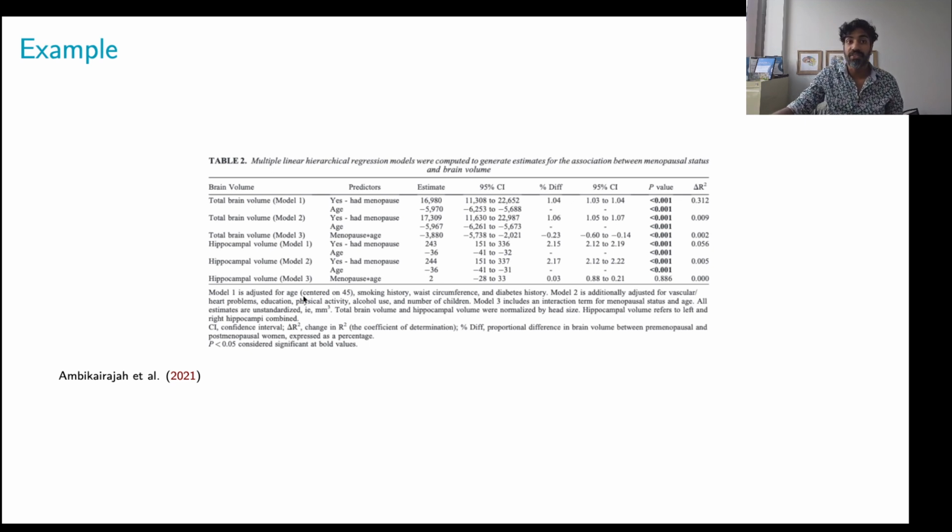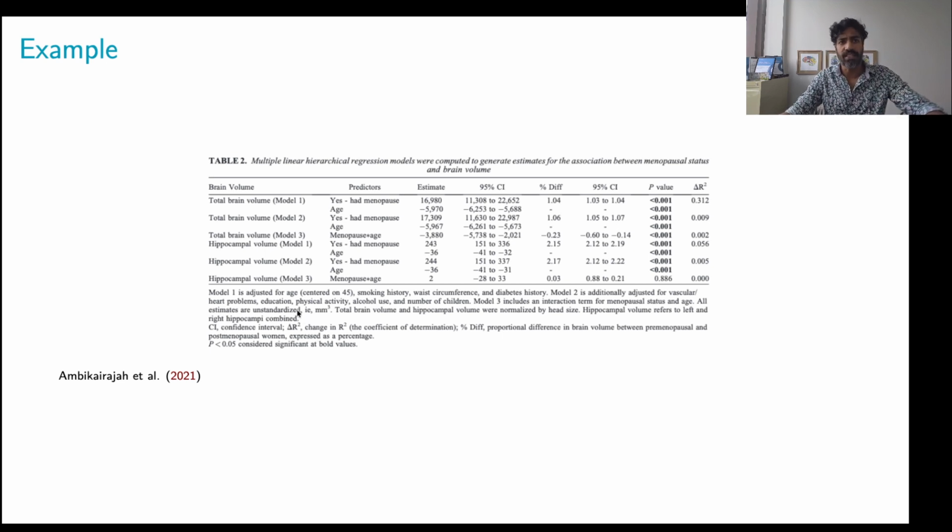So model 1 is adjusted for age, centered on 45, smoking history, waist circumference, and diabetes history, because we know all of these impact brain health, and also menopausal status. There are changes in waist circumference that can occur as well. Model 2 is additionally adjusted for vascular heart problems, education, physical activity, alcohol use, and number of children. Model 3 includes an interaction term, which we'll talk more about in a future lecture about moderation.